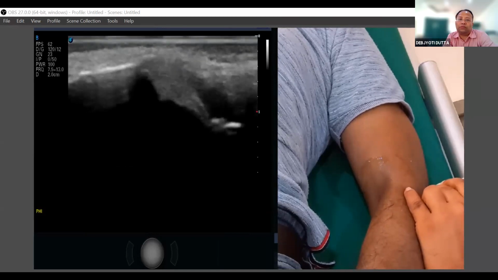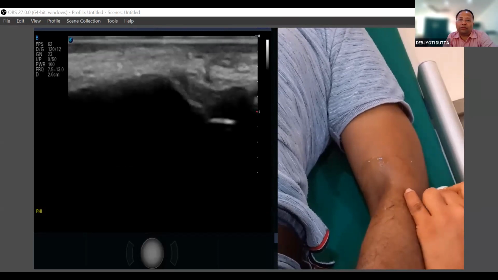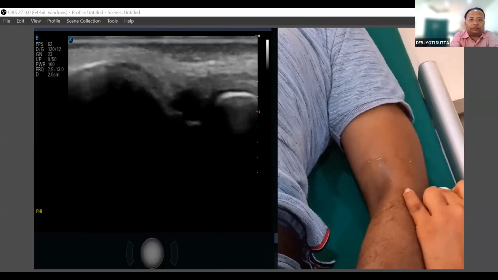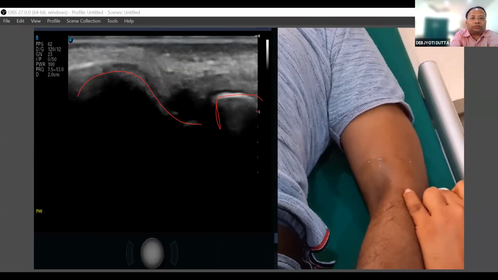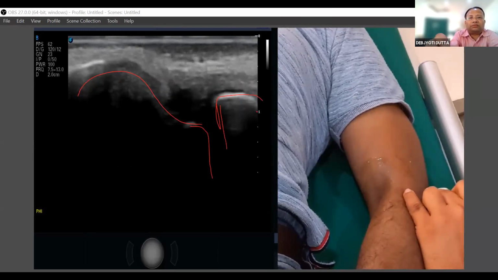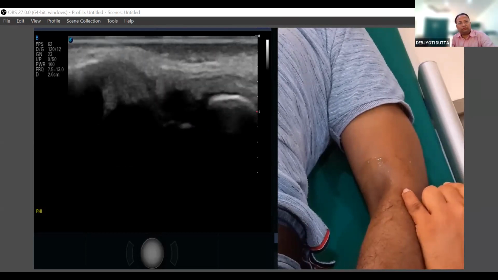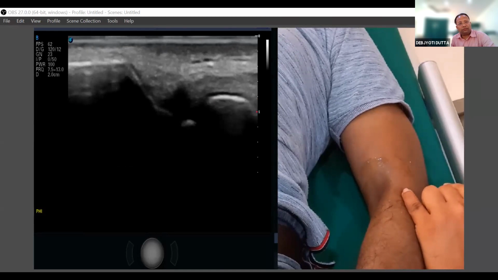So we are increasing the frequency. Now here, as we are putting it, we are able to see this hilly structure. Now it is fine. Can you see the hill?